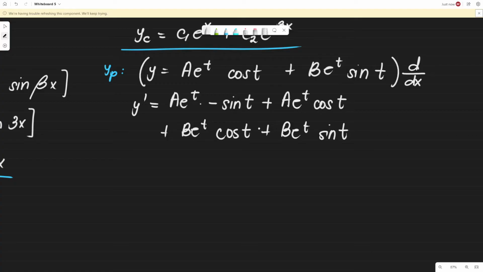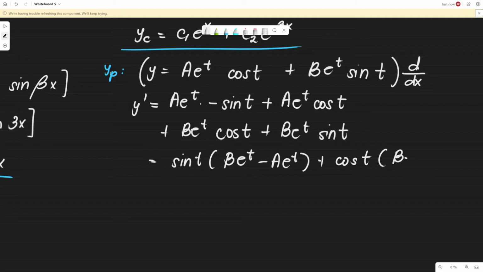Okay, so we will have this. So, y prime is equivalent to sin t times b e^t minus a e^t, then plus cosine t times b e^t plus a e^t.